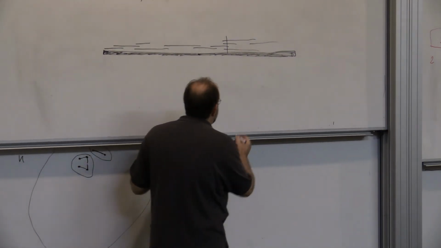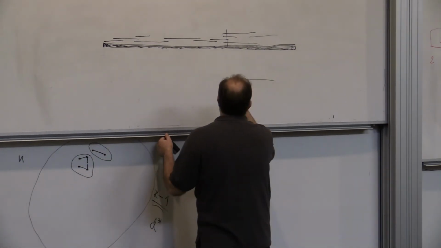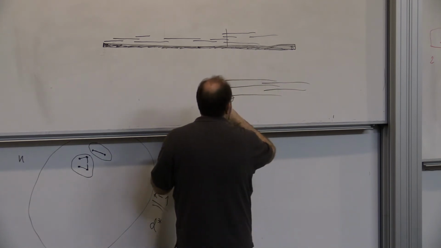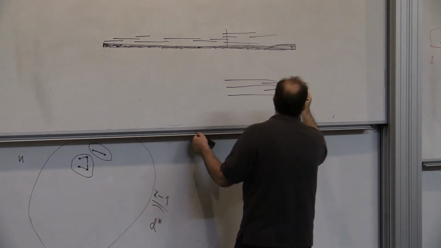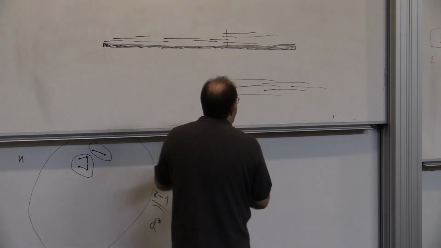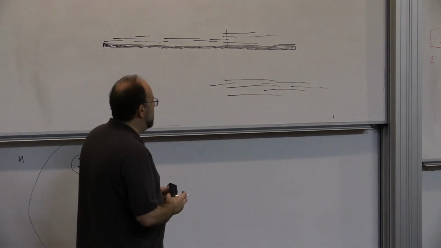But let's consider a situation that looks like, say, this. And then, say here, like this, and then here, like that. Okay, so where would you start if you did it with this intuition?